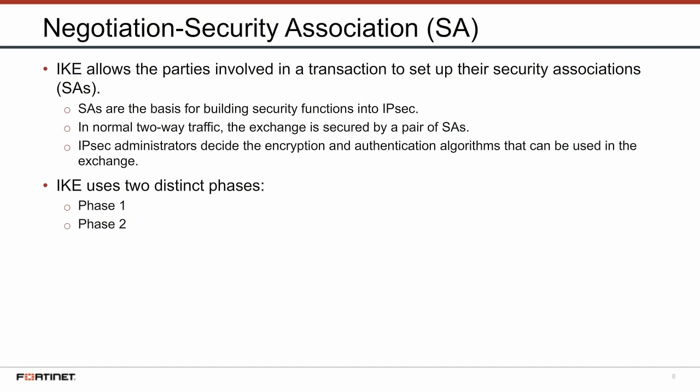In normal two-way traffic, this exchange is secured by a pair of SAs, one for each traffic direction. Essentially, both sides of the tunnel must agree on the security rules. If both sides cannot agree on the rules for sending data and verifying each other's identity, then the tunnel will not be established. IKE uses two distinct phases, Phase 1 and Phase 2.